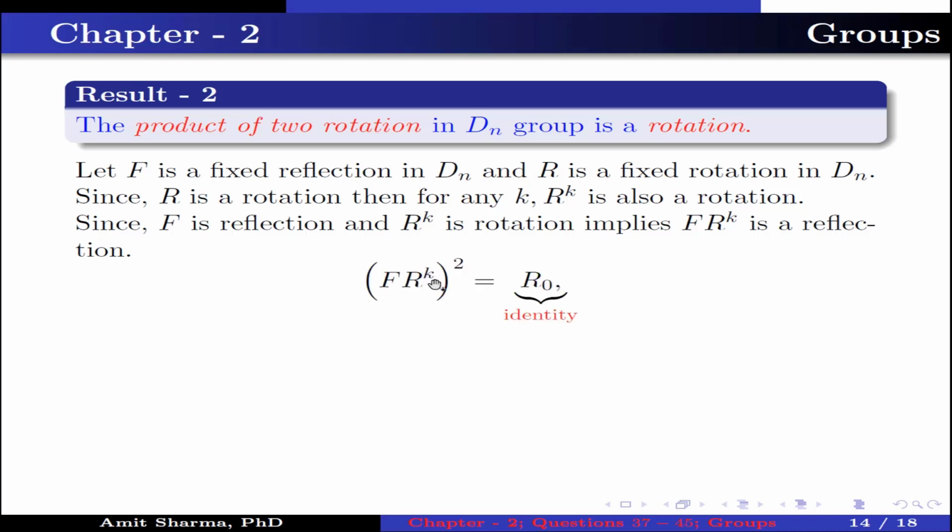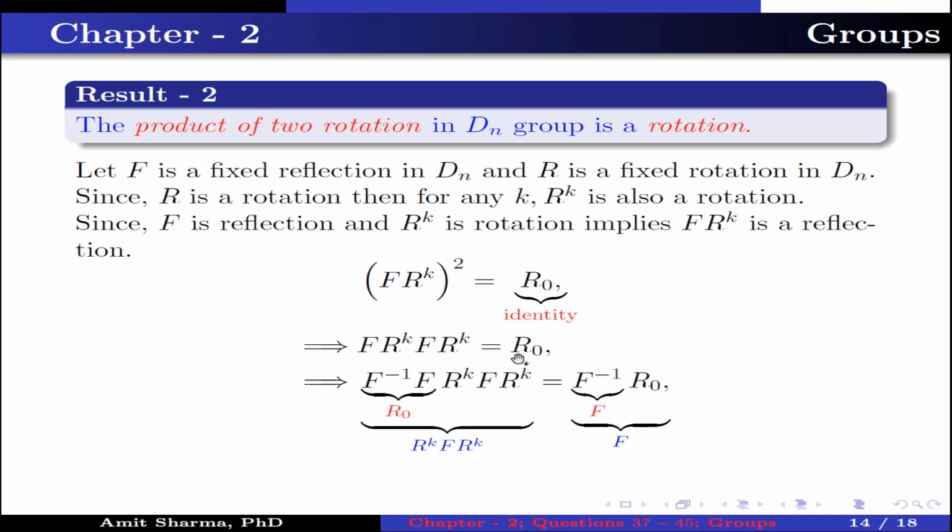This implies F into R to the power k whole square is equal to R0, which is the identity, because every reflection is a self-invertible element. Now, this is further written as F into R^k, F into R^k is equal to R0. Now multiply F inverse on both sides, we get F inverse into F, R to the power k, F into R to the power k is equal to F inverse into R0.